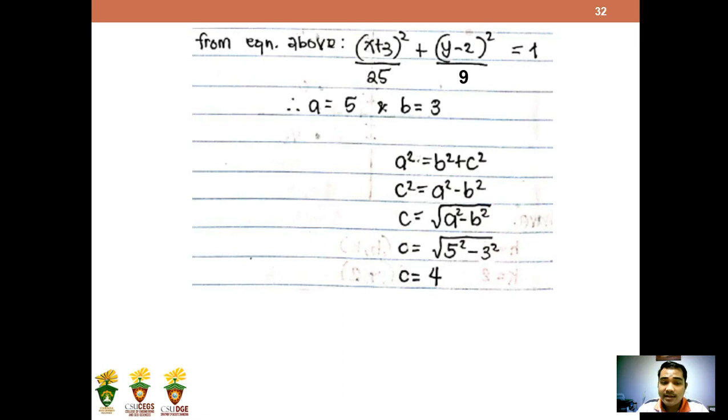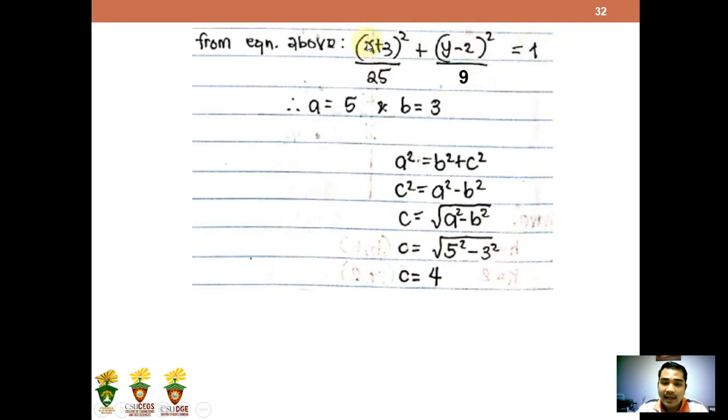Alright, so the next thing that we need to get is the coordinates of the foci. From the equation above, x plus 3 squared over 25 plus y minus 2 squared over 9 is equal to 1.